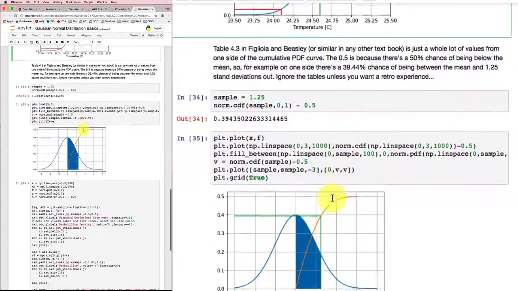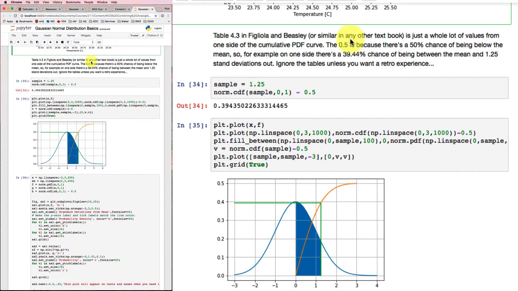Now, in the course textbook, Figliola and Beasley, or any other similar textbook, you'll find tables of these PDF and CDF curves. They're usually plotted in a half space. So plots of this integral here, and the orange line is what you'll see.